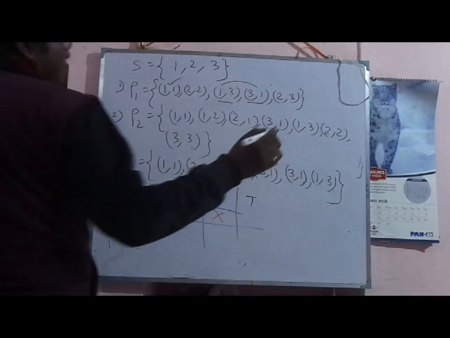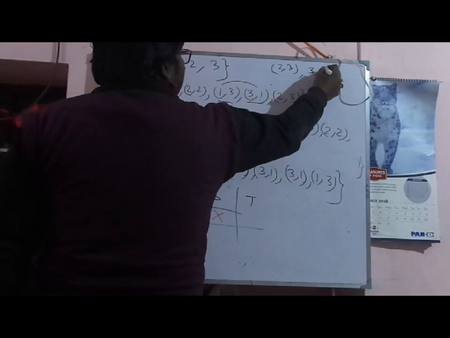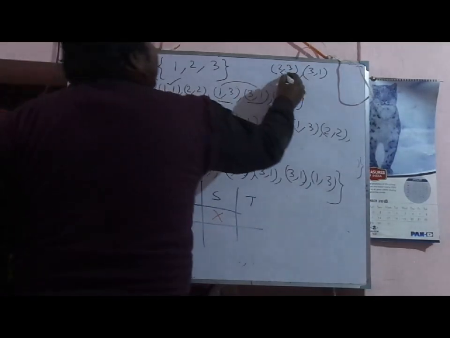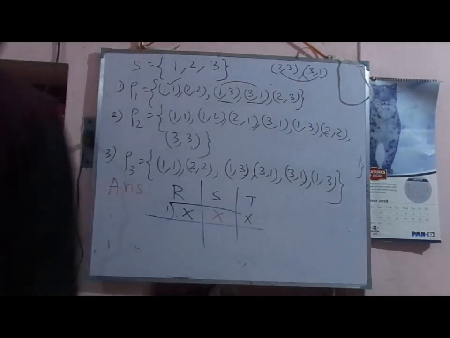According to the transitive property, if (2,3) and (3,1) belong to rho 1, therefore (2,1) must belong to rho 1. Here (2,1) does not belong to rho 1, therefore this is not a transitive relation.